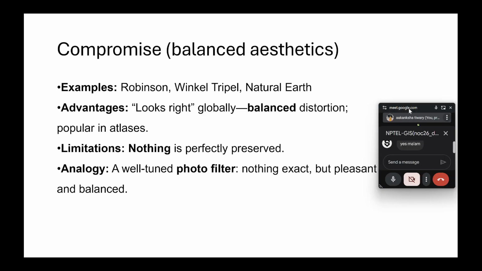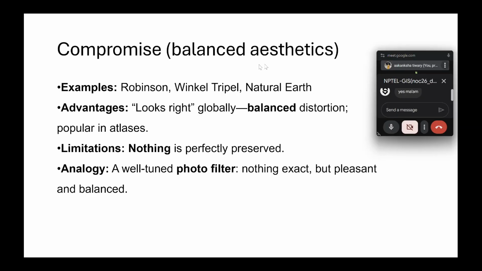Now, then there is one balanced aesthetic compromise. So this is Robinson or Winkel Tripel or Natural Earth. It looks right, balances distortion, and this is very popular in atlases. But here nothing is preserved. So in this one, we try to balance everything.